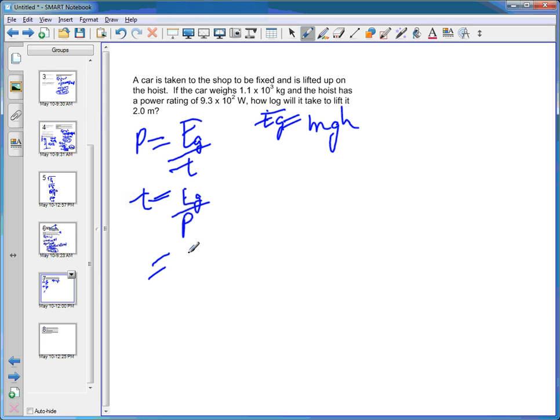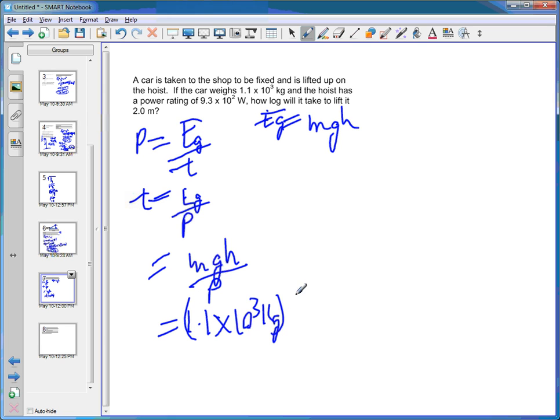We can calculate this. T equals mass 1.1 times 10 to the 3 kilograms times g, 9.8 newtons per kilogram, times a height of 2.0 meters, divided by a power of 9.3 times 10 to the 2 watts.